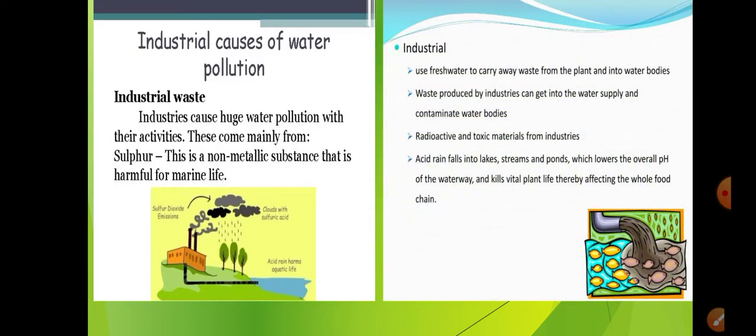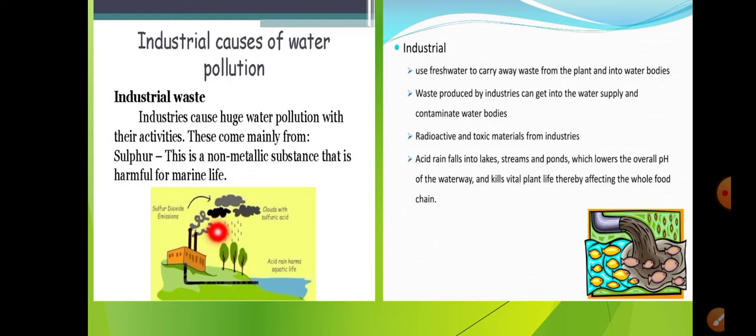So you can see in this picture, as I was telling you about acid rain, the smoke is released, right? Sulfur dioxide is there in the air. When evaporation takes place, water vapor goes up, right?